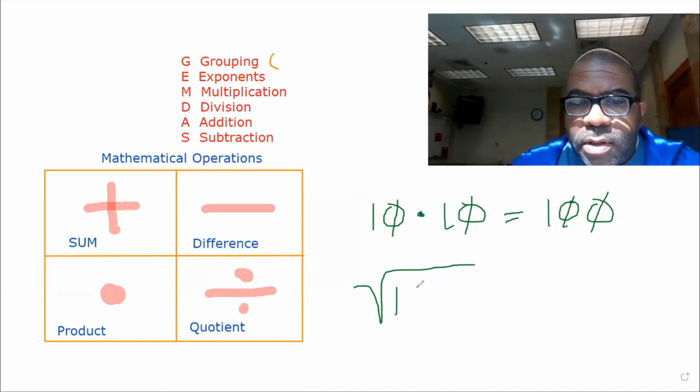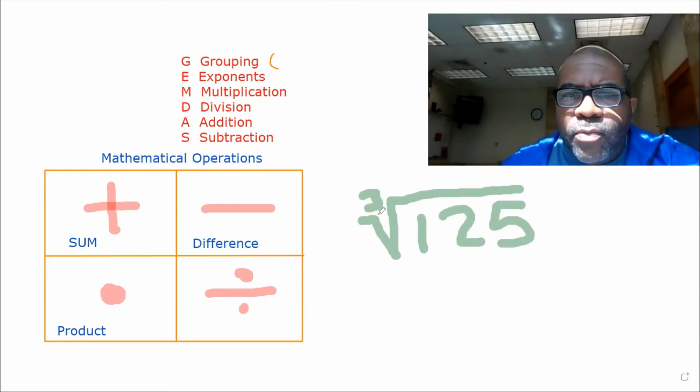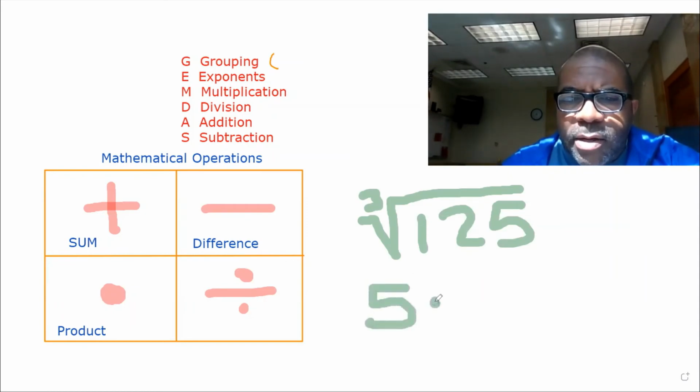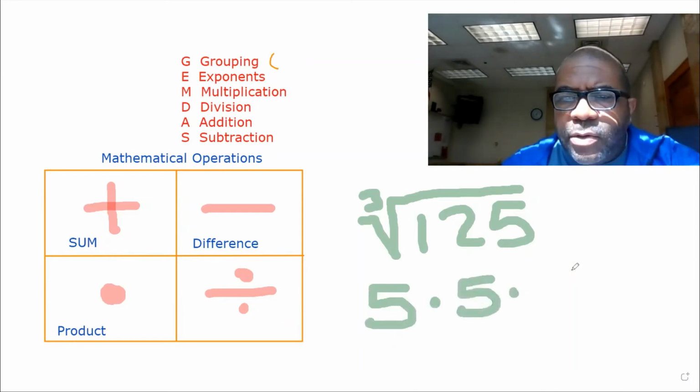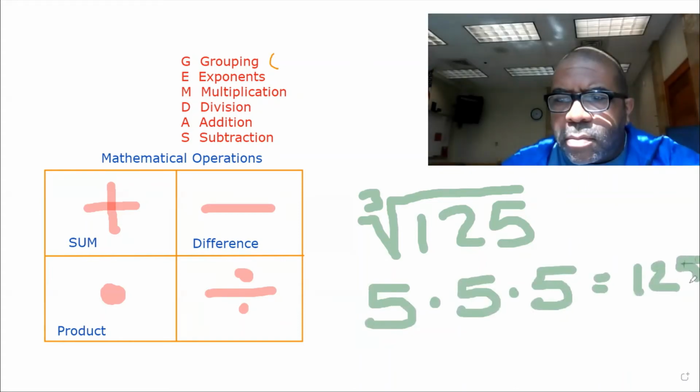The cube root of 125: 5 times 5 is 25, and 25 times 5 is 125. So the cube root of 125 is 5.